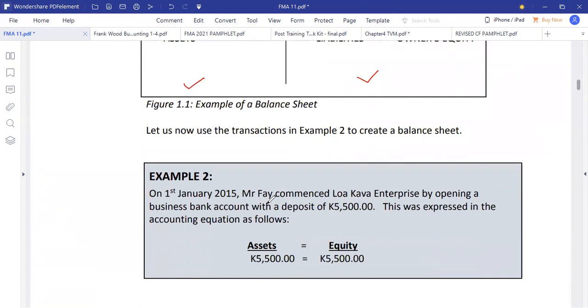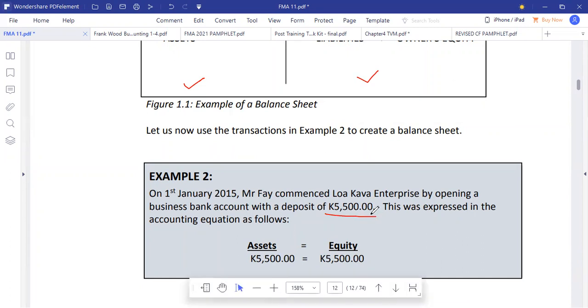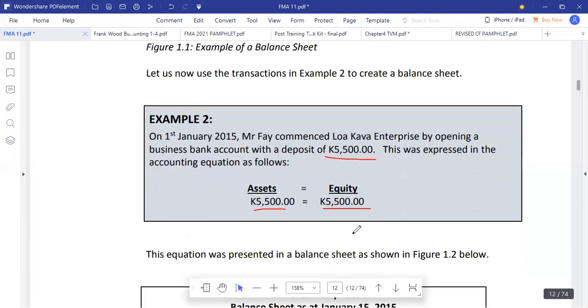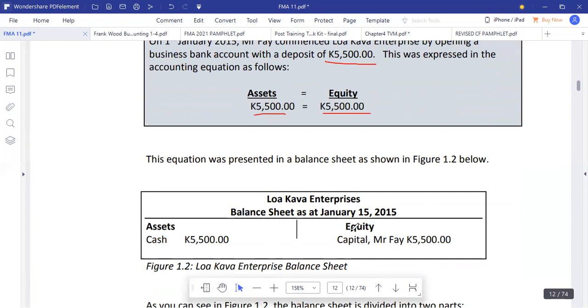So let's look at example number 2. Mr. Fay commenced by opening a business account with a deposit of 5,500. So to start with, 5,500 cash at bank. This is an asset, which is in this case the equity. All right. So if we're going to go into his balance sheet, assets must be equal to the equity here.